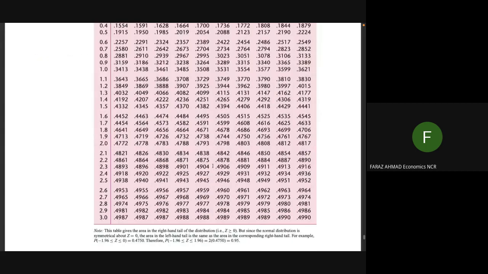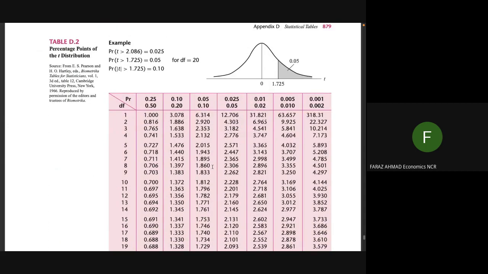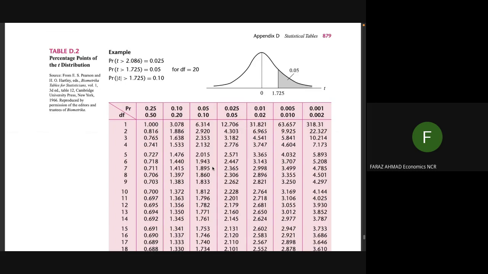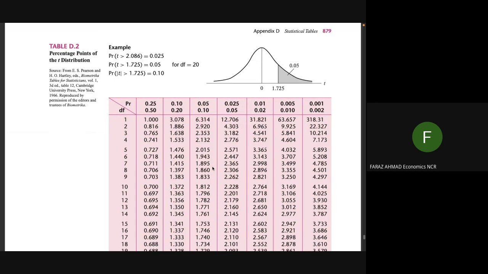So if we see the t distribution in the Gujarati book, it looks like this, right? And the table gives us the shaded area. So it says what value of t gives a 5% area in the right tail.